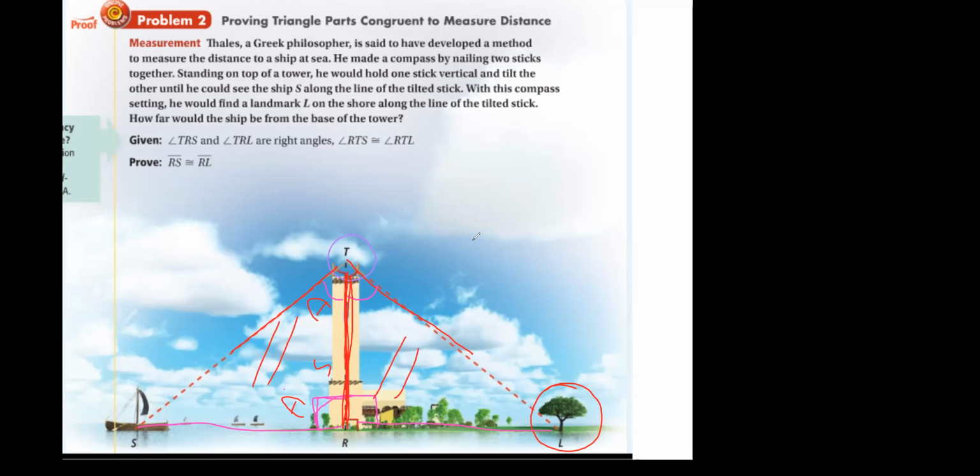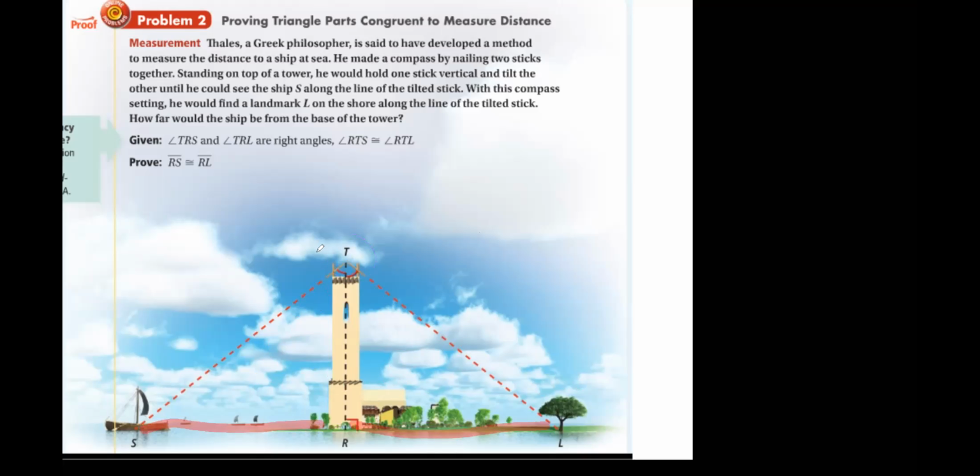And since they are congruent, any pair of corresponding sides or angles are congruent. So what does it mean? That means I can conclude now that this side is congruent with this side.